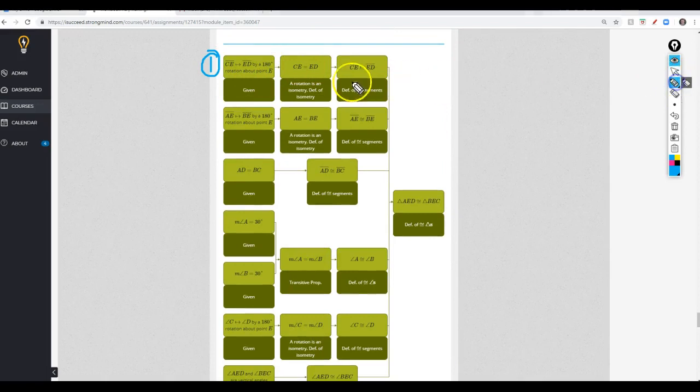Then we know, following this arrow right here, that segment CE is equal to the distance of ED because a rotation is an isometry, and that's the definition of an isometry.